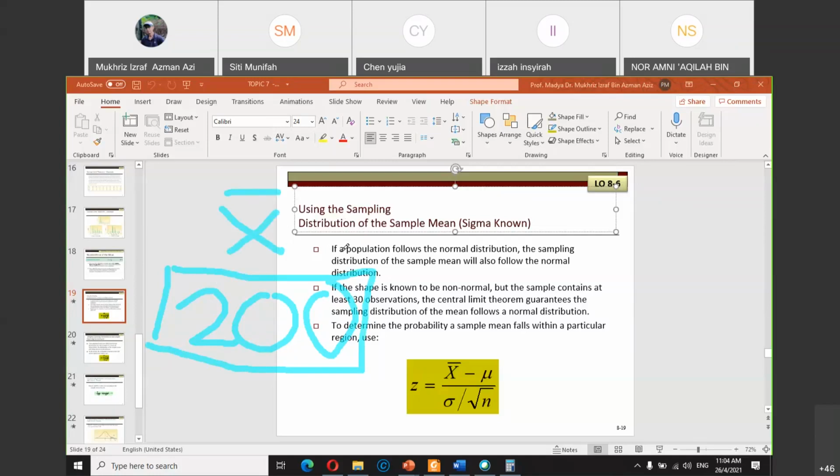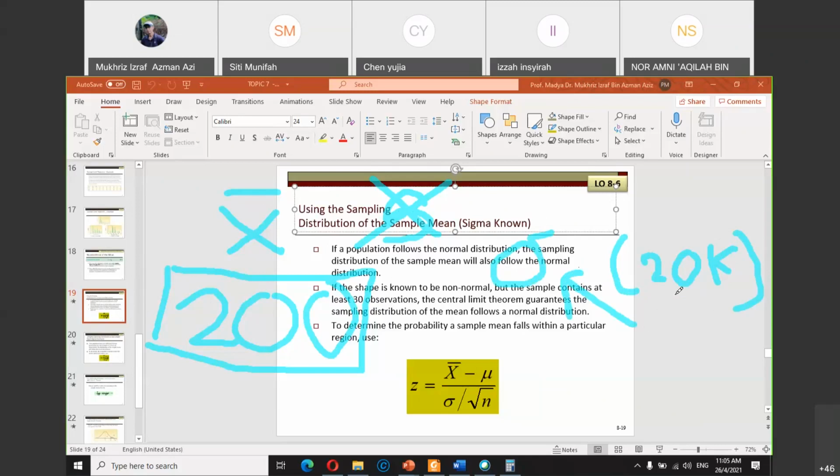If you want to calculate the standard deviation, you can also do that, which will give you the S, the standard deviation from the sample of 200. But if for some reason you have the information on what the sigma is from the 20,000 students, let's say there is an old research or previous study that involves the 20,000 students, you can use this information because it is much better than using the standard deviation from the sample.